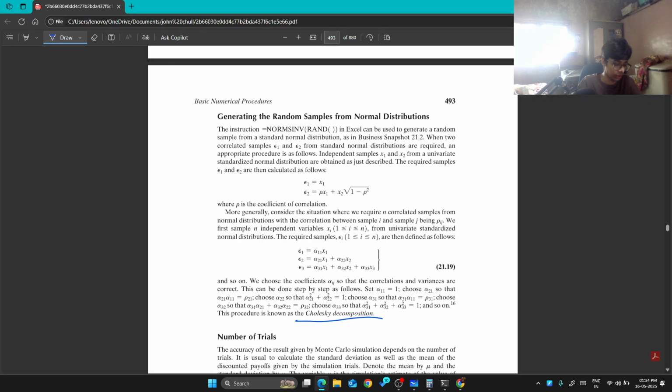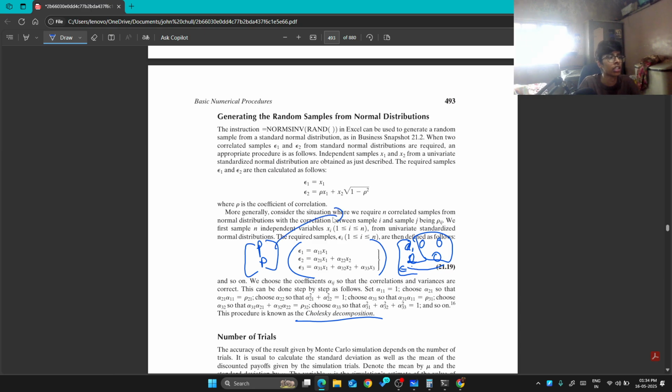So if you plot this, it would be like alpha 1, 0, 0, alpha 2 will consist of this, 0, and epsilon 3 will be this, and this is the lower triangle, and we have our correlation matrix.